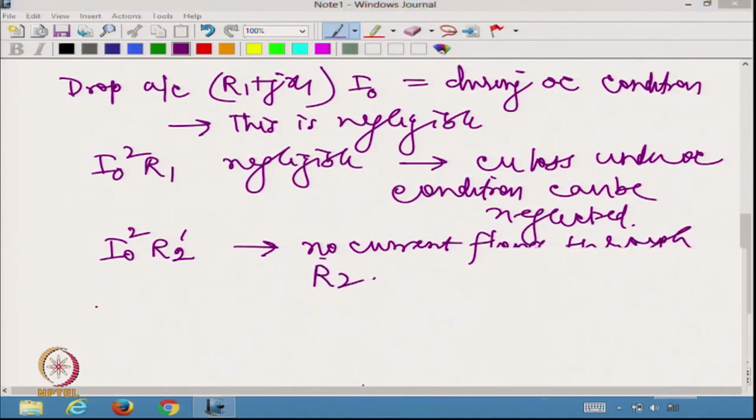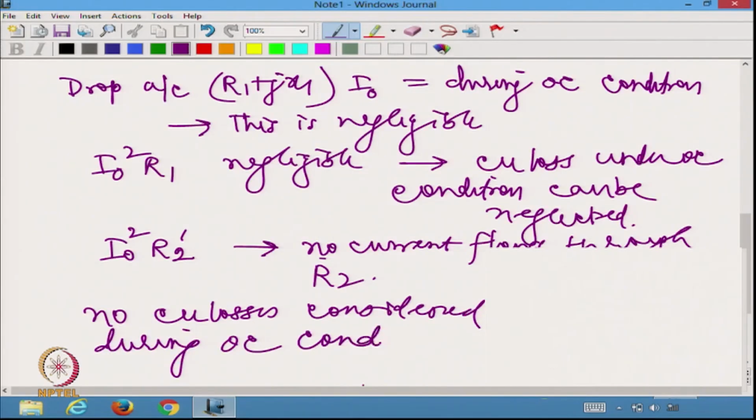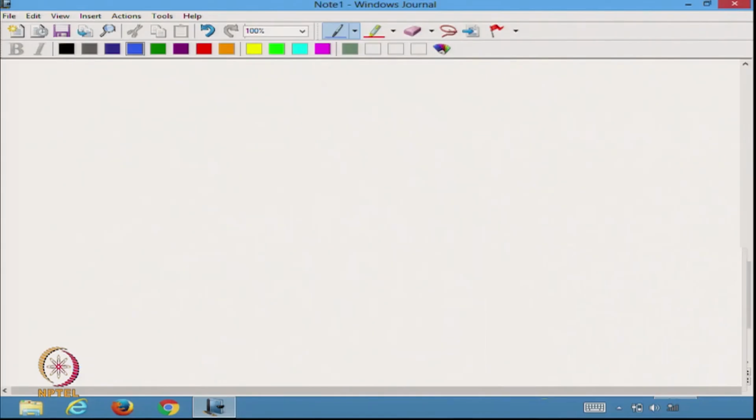So, I am going to have no copper losses considered during open circuit condition. I can say that the W naught value that I get during open circuit is equal to the iron losses themselves. Copper losses are not considered at all.